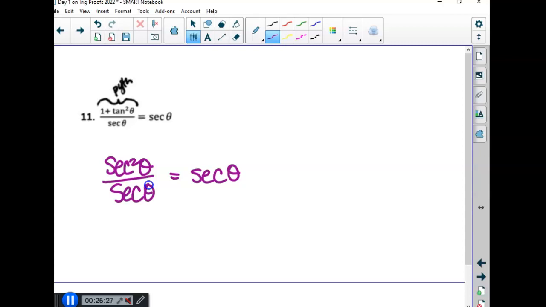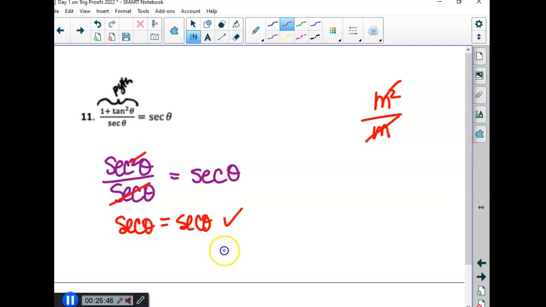Yeah, it's like we have an m squared over an m, right? It would cancel one of those and you're left with an m. So it's going to cancel one of those and you're left with a secant. Okay, and you don't have to show the right-hand side the whole way down. I don't care.